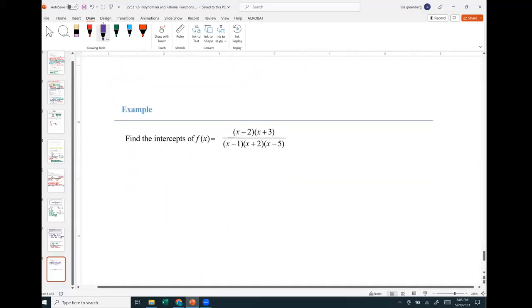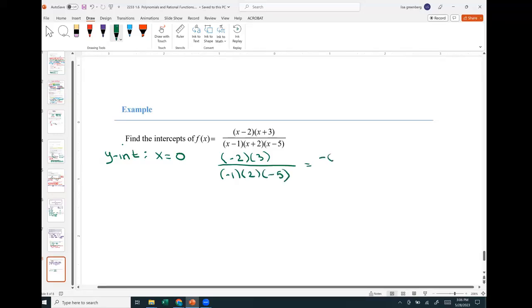Okay, find the intercepts. Different question. So if I want to find my y-intercept, that's always easiest, right? Because to find my y-intercept, I just set x equal to 0. When I set x equal to 0, I get -2 times 3 divided by -1 times 2 times -5.